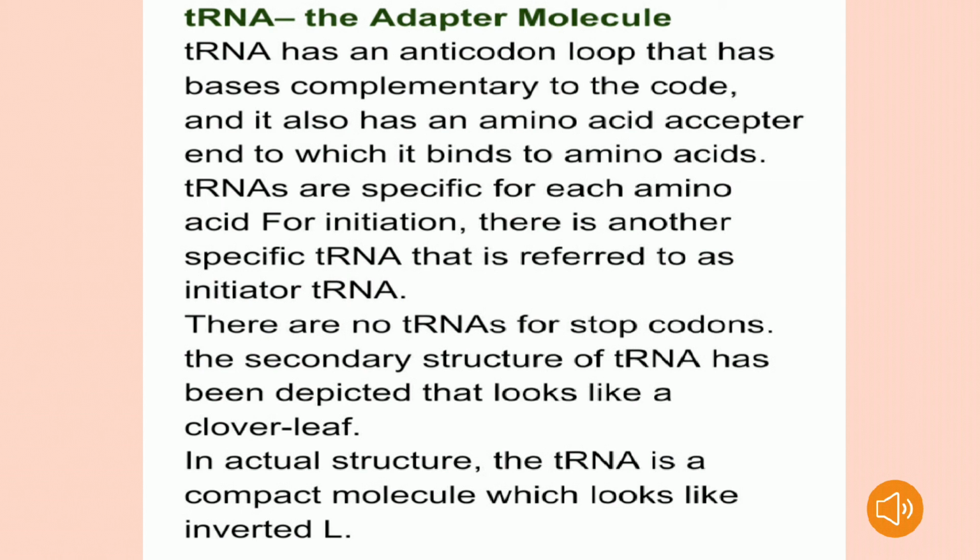There are no transfer RNAs for stop codons. The secondary structure of transfer RNA is given clearly in the picture. It looks like a clover leaf. It codes for the amino acid tyrosine. In actual structure, the transfer RNA is a compact molecule which looks like an inverted L shape.